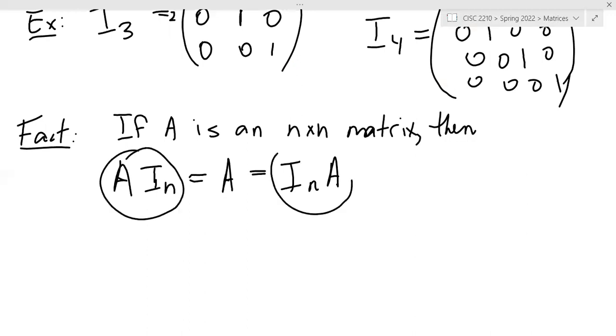This is equal to this, and they're both equal to just A itself.